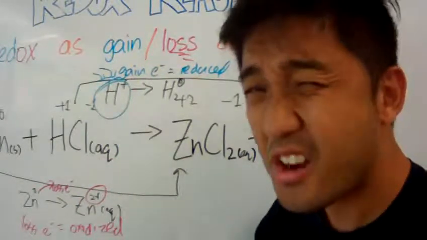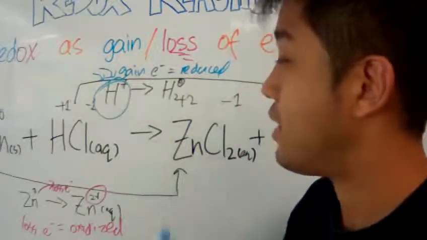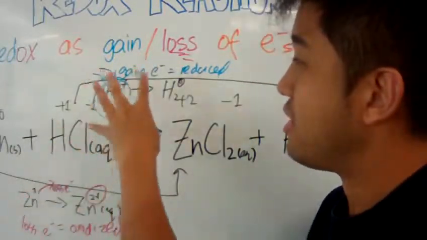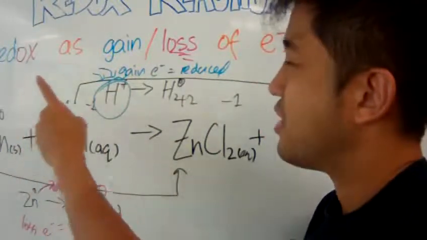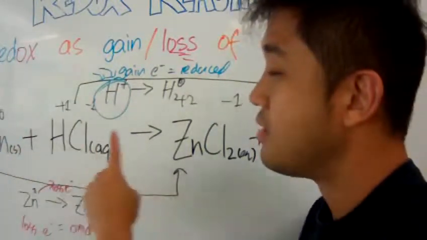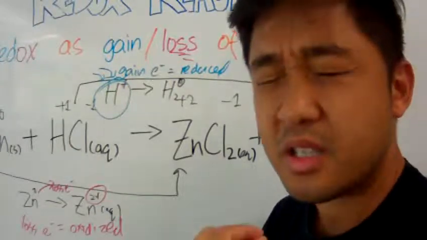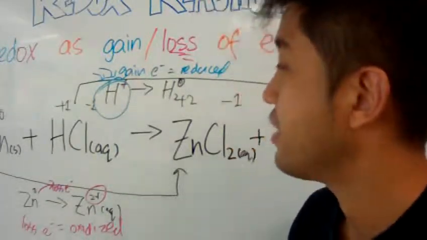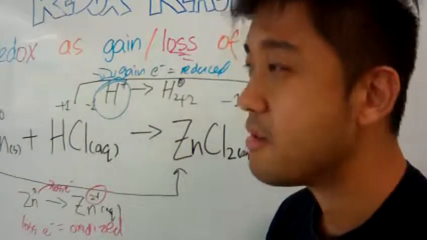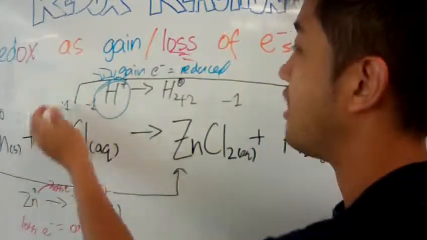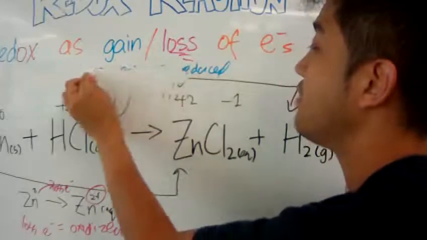Okay, a lot of information here, but there is somewhat an explanation of how to predict what is happening to the reactants in terms of the loss or gain of electrons. There is actually a simpler and easier way, but let's go again and talk about another example.